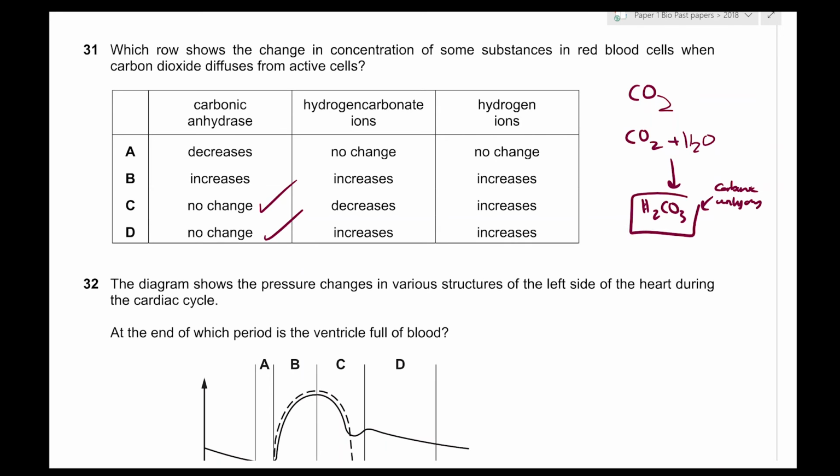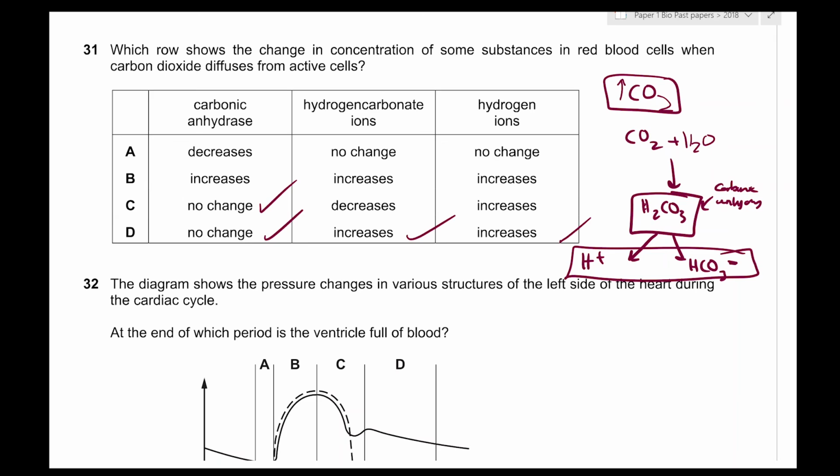Then after carbonic acid has formed, it dissociates into hydrogen ions and bicarbonate ions. Therefore, if the concentration of carbon dioxide increases, then the concentration of both hydrogen ions and bicarbonate ions also increases. Therefore, the answer must be D.